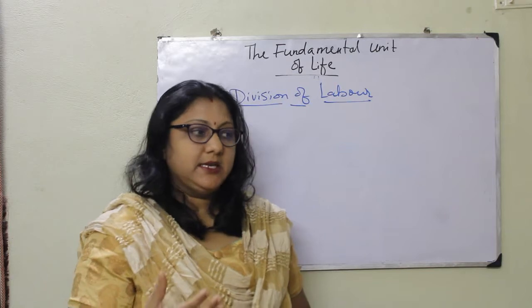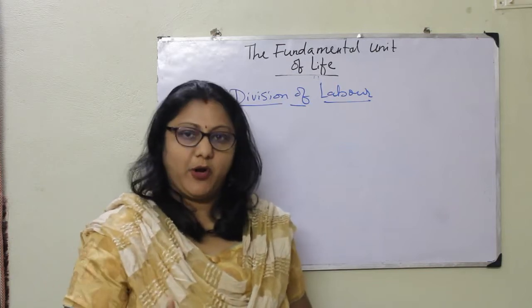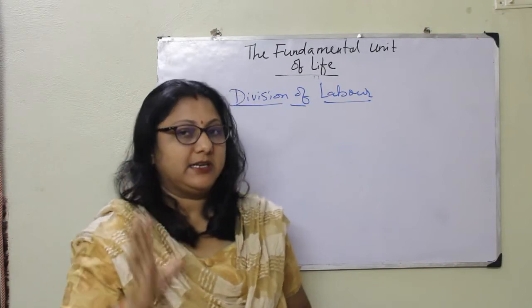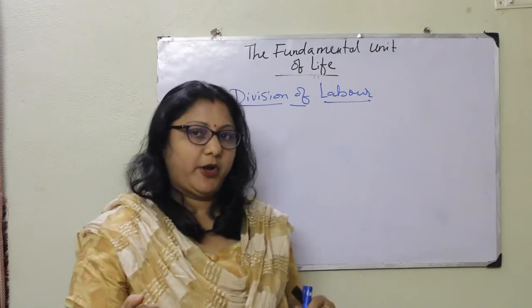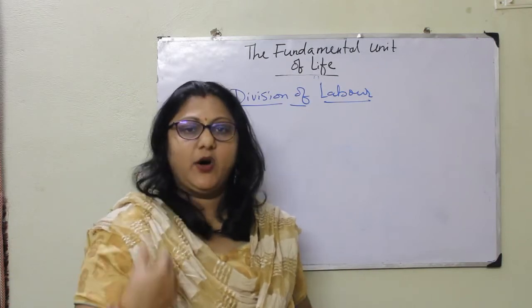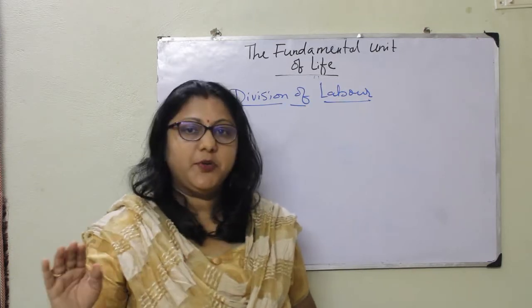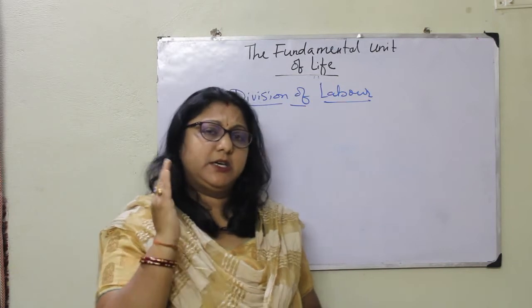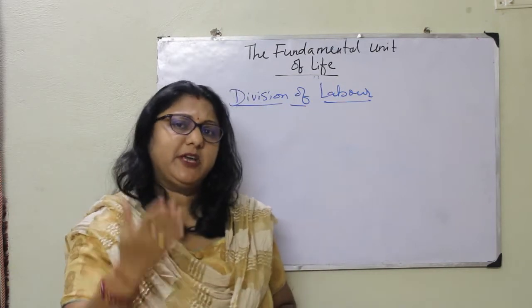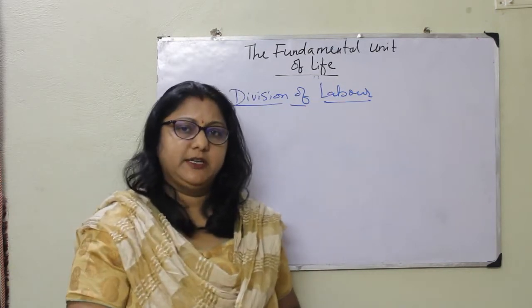That means every part of the body is assigned a particular work. The work has been divided by the body, right? So every organ in our body is not doing all the work for our body. Clear? The particular organ will be doing a particular function for the body.